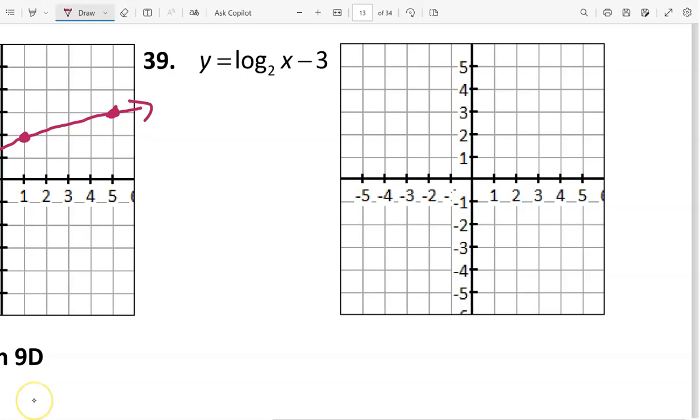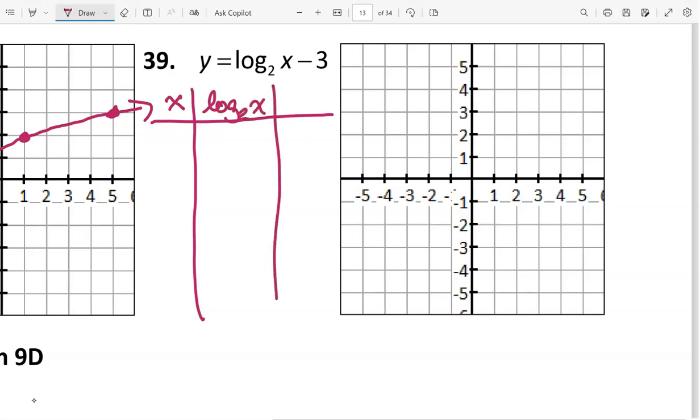Number 39, we have a very similar looking equation to 38, but the order of operations is different. So when we put in our x values, there are no parentheses, so that means that the logarithm takes precedence first, and then that's going to be followed by the subtraction.